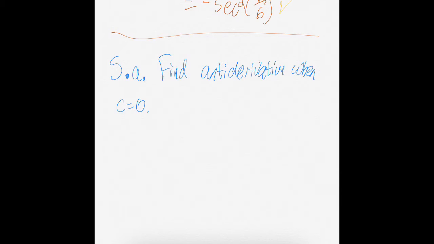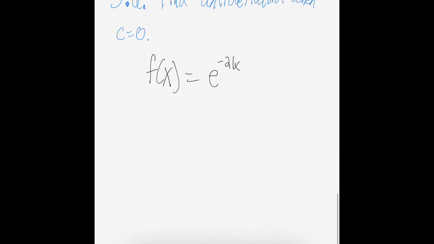Same thing, find the antiderivative when c equals 0. It says to do as many as you can mentally, but we'll go ahead and write it out here. Our function this time is f of x equals e to the -21x.